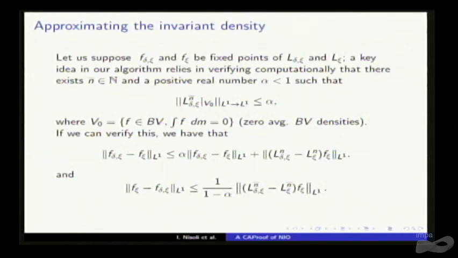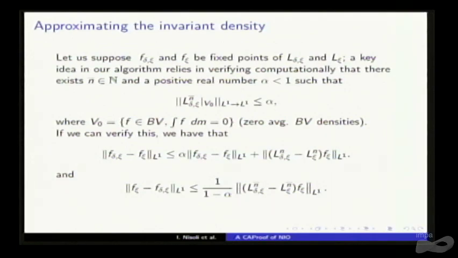We let the computer rigorously compute an n and an alpha such that the action of the discretized operator on the space of zero average densities is smaller than a number smaller than 1. So we start to iterate on the space of average zero densities, and we wait.